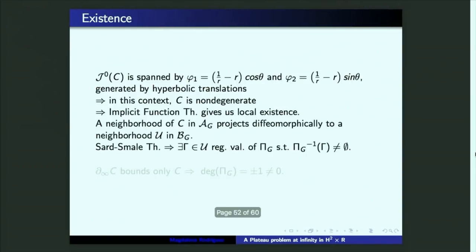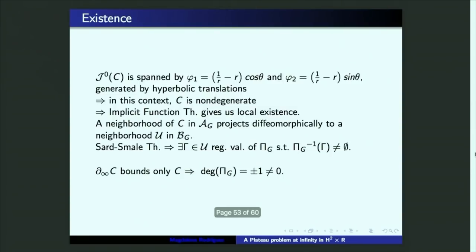So you can use the implicit function theorem, and that says that a neighborhood of the catenoid maps diffeomorphically to a neighborhood of the boundary curves. And since the regular values are dense, there is at least one in this neighborhood, and now we know that there is some pre-image. That's the simplest case.